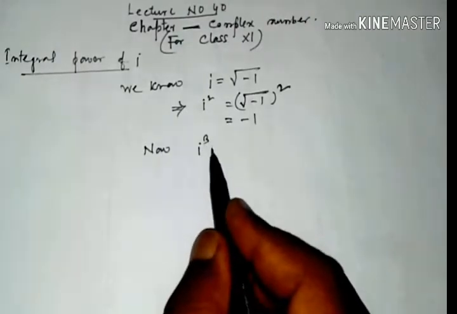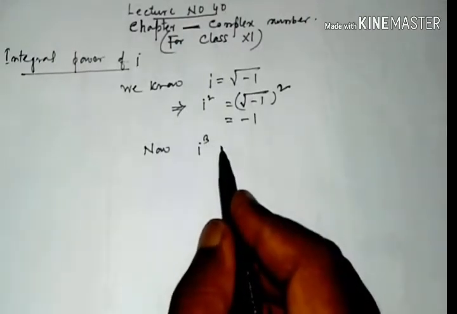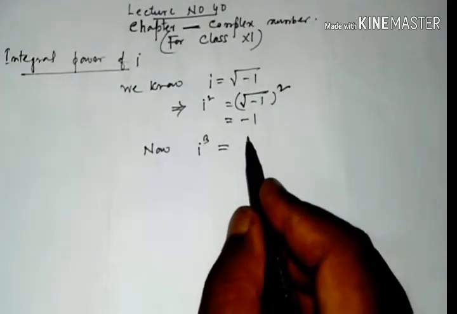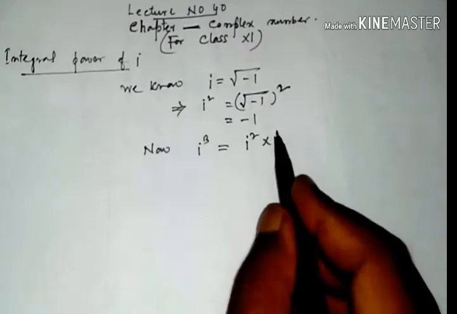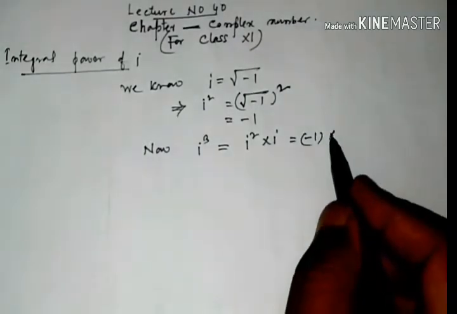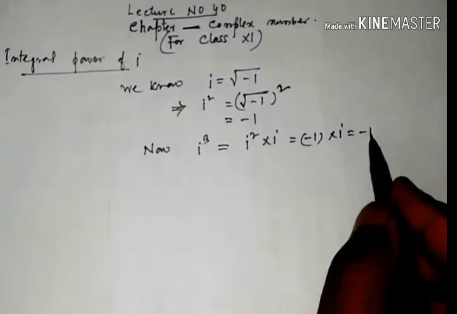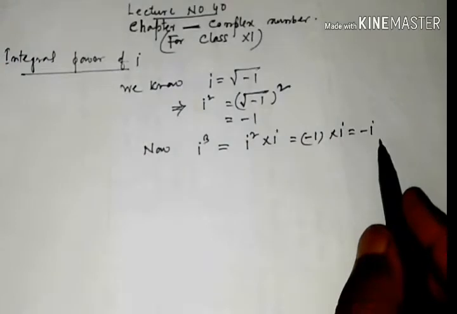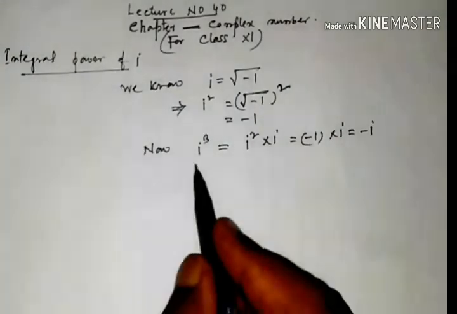If the power of i is 3, we can write i cube as i square into i. Therefore, i square means minus 1 into i, that is minus i. We can write i cube is equal to minus i.